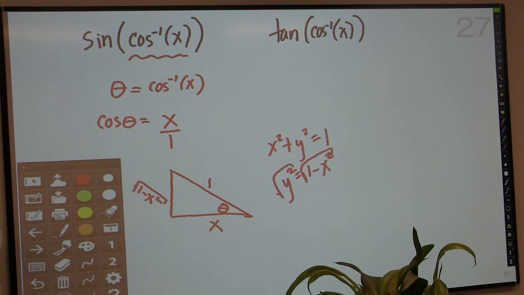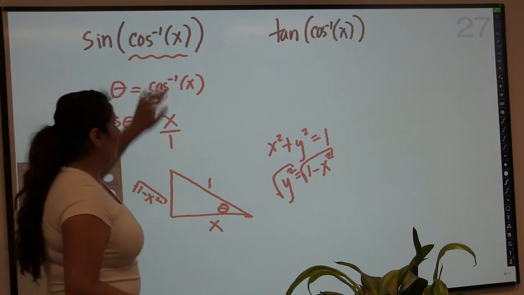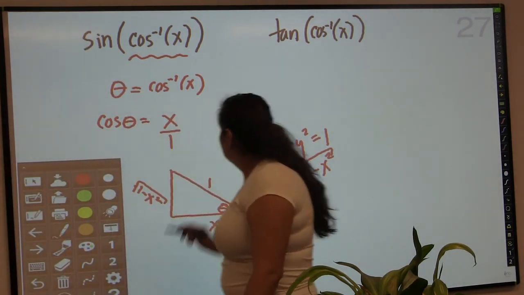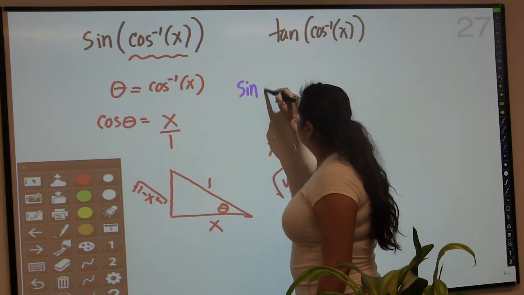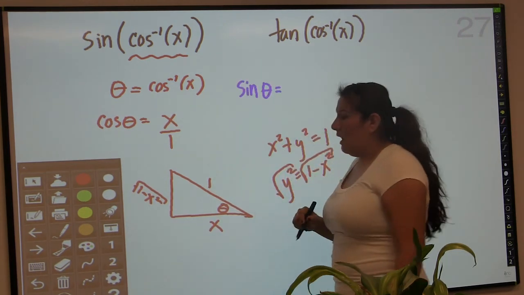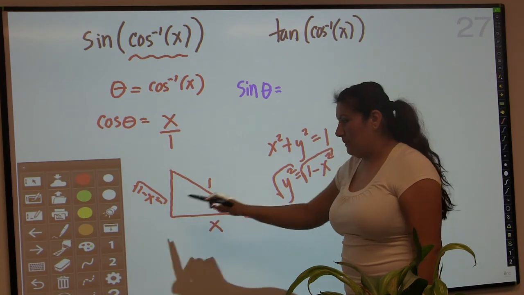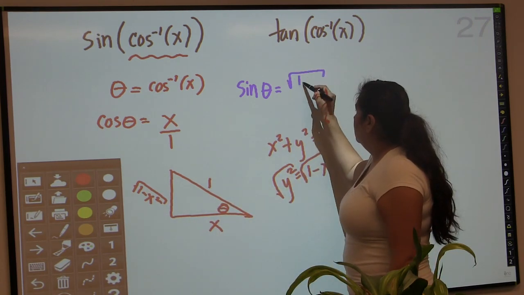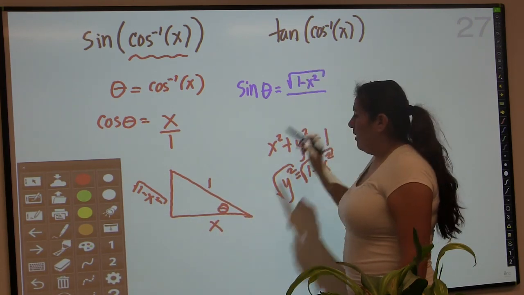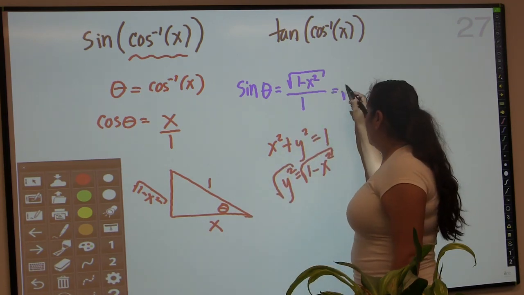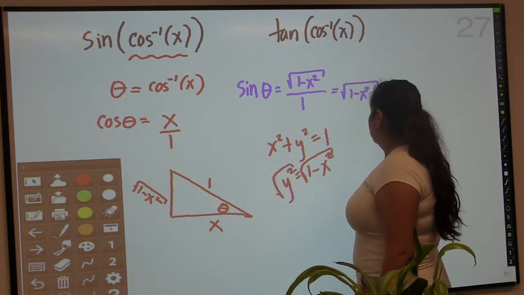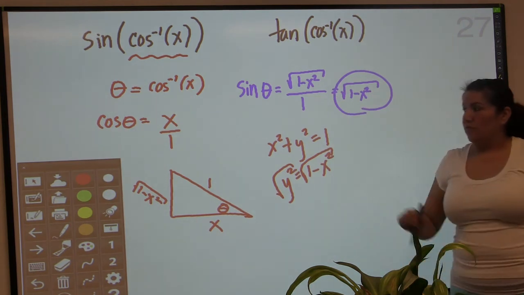Correct? So if I want the sine of theta, sine theta is going to be opposite, which is the square root of 1 minus x squared, over hypotenuse, which is 1. So it's just the square root of 1 minus x squared. That would be your answer for the first part.